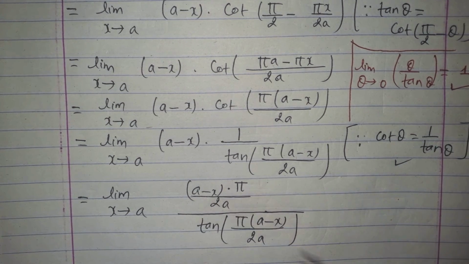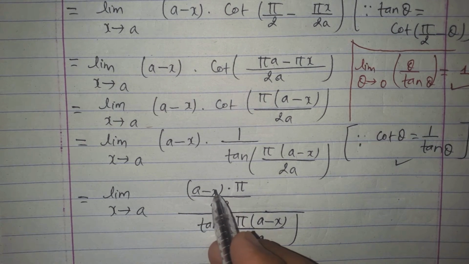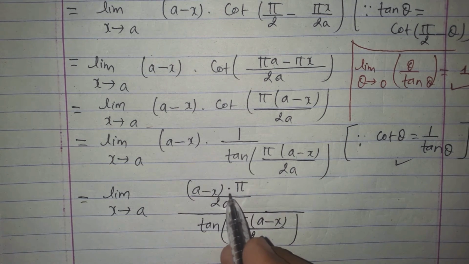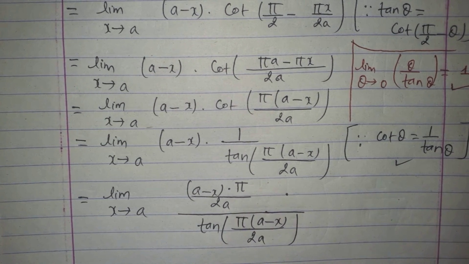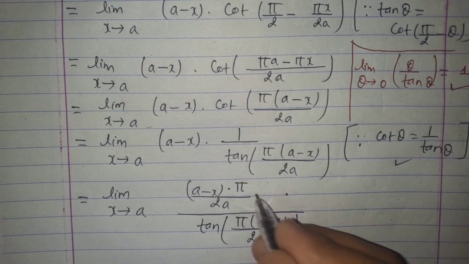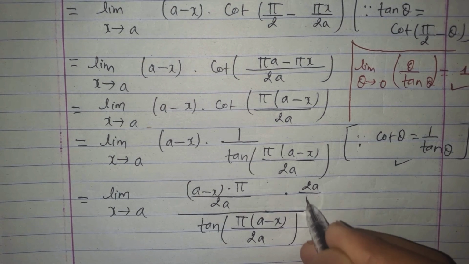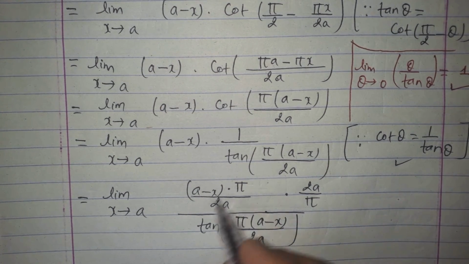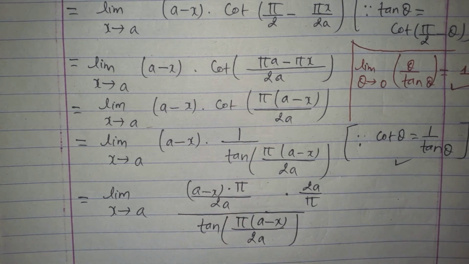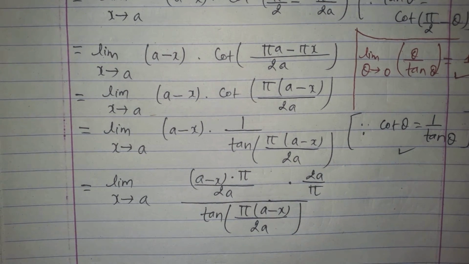Here in this step we do the extra things. We multiply the numerator by pi over 2a, so we have to divide by the same quantity for balancing. This will be 2a over pi. This pi will be cancelled out, 2a will be cancelled out, and our expression will be the same as the previous.